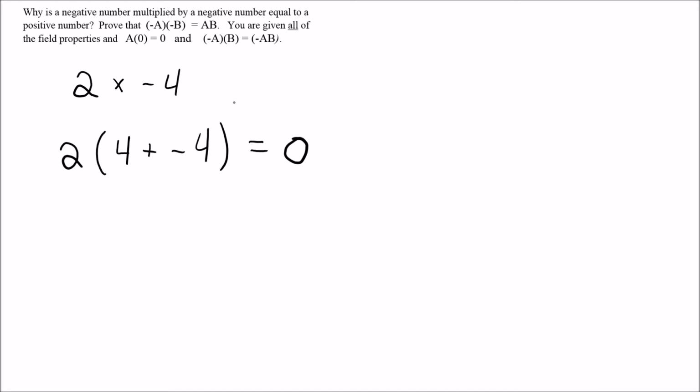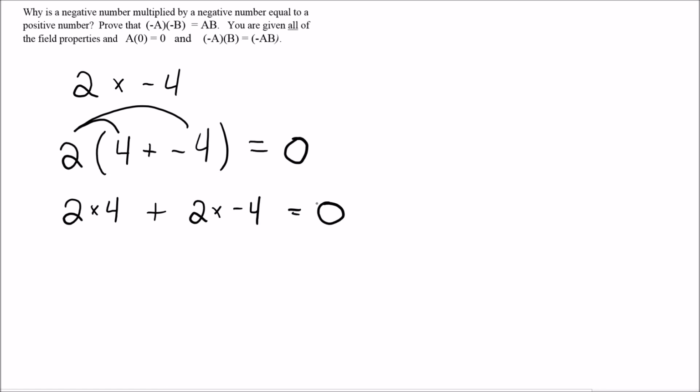So let's say I were to distribute this. If I distributed this, I would simply get 2 times 4, and then I would get plus 2 times negative 4. And we know that this has to be 0. Well, we know that 2 times 4 is equal to 8. We know this whole thing has to be 0.